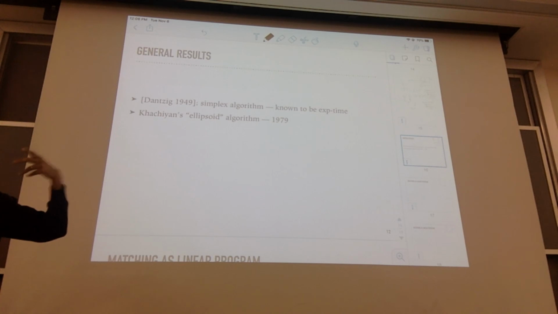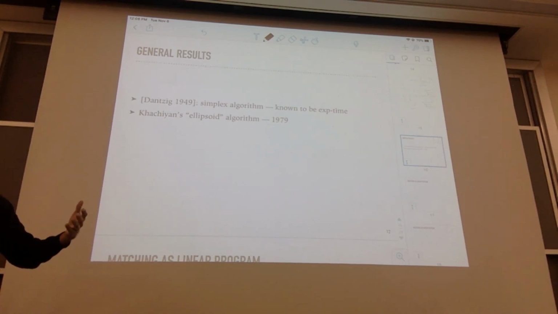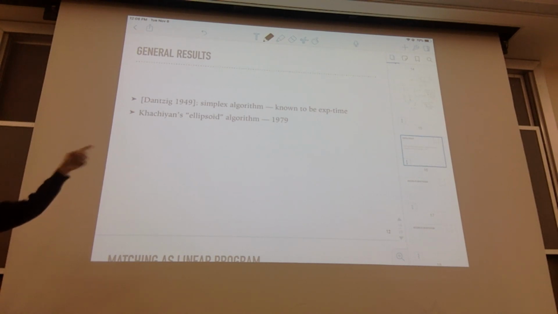At the time, apparently the Soviet newspapers pitched it as the Soviet Union winning the optimization race, a big victory for Russian science. It was that big a deal because people used linear programming everywhere. It turns out Khachiyan's algorithm was much less practical than Dantzig's. In practice, the simplex algorithm still works much better, but Khachiyan's had theoretical guarantees.